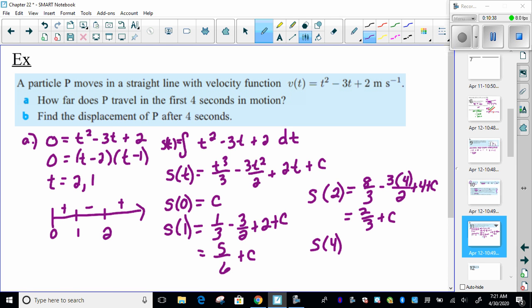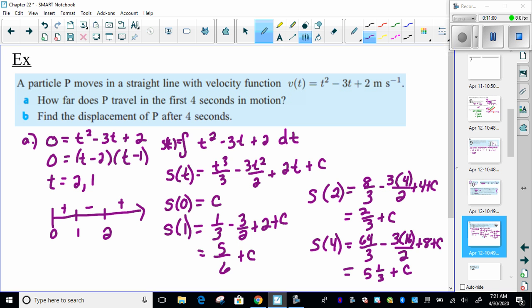S of 4, when I substitute 4 in, I get 64 over 3 minus 3 times 16 over 2 plus 8 plus c, which simplifies to 5 1/3 plus c.